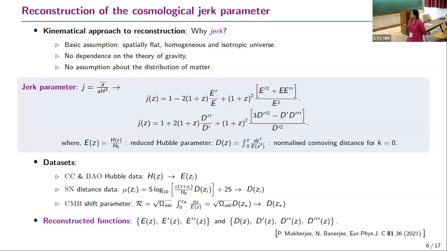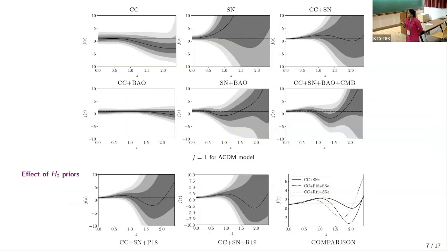These are the data sets I have utilized to reconstruct these functions, and here are the plots for the individual data sets. We find that j remains very close to 1 at low redshift and has an evolution at higher z. For some parts of the evolution, our reconstructed curve leaves j equals 1 at 1 sigma, but that is always included in the 2 sigma of the reconstruction.